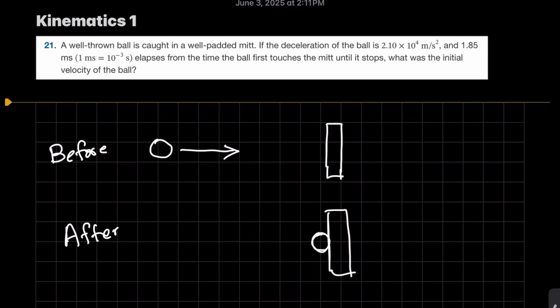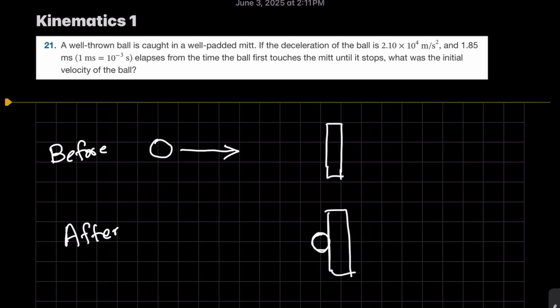So the ball decelerates, right? And then they give you a number by which it decelerates. That's an acceleration. Sometimes the word deceleration is used, but it's still acceleration as the concept of it. So the ball changes its speed, really its velocity, but more on that later.